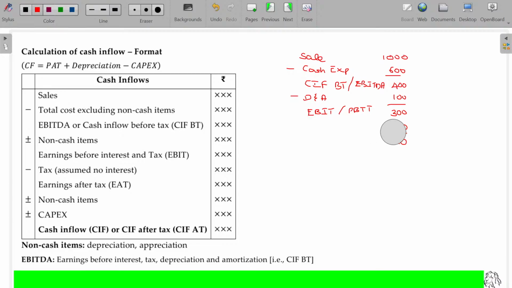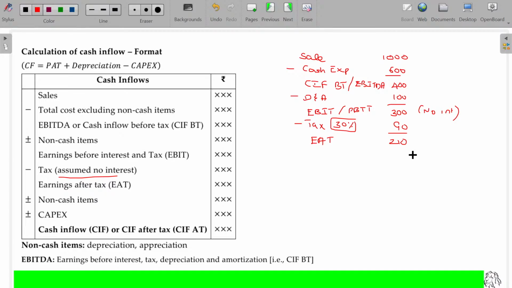So here it is assumed that we don't have interest. If we have interest, then we can subtract the interest from the EBIT.